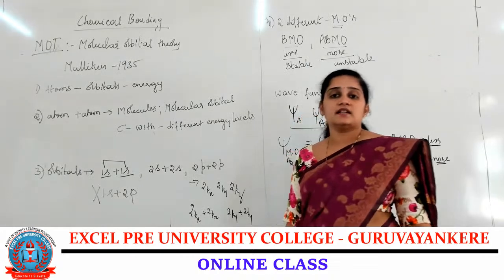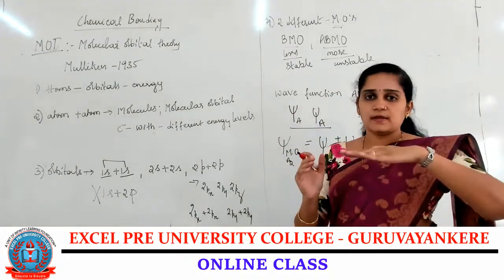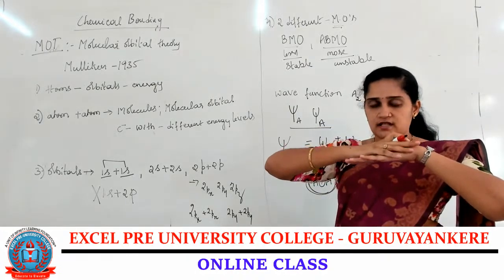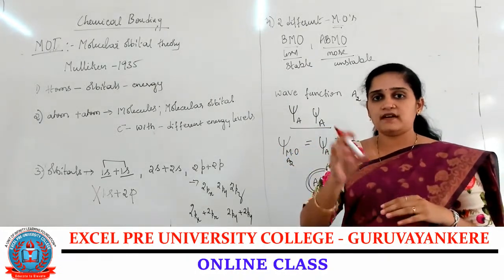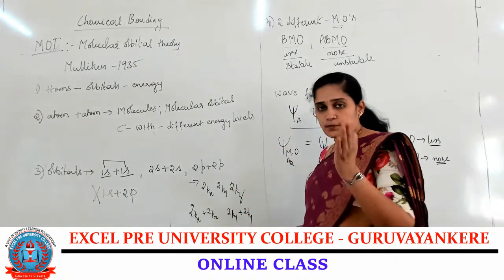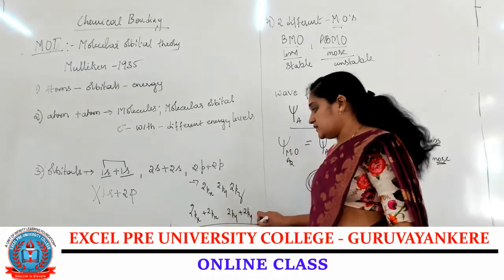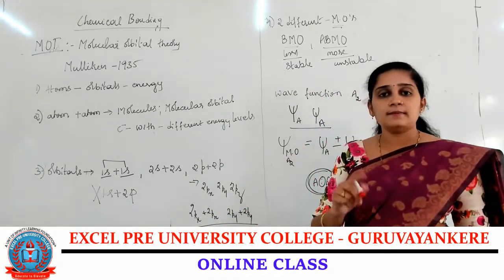We used to write the dumbbell shape along the x-axis, y-axis and z-axis, and each combines with its own axis only. So 2px with 2px, 2py with 2py, 2pz with 2pz combination will take place. 2pz with 2px will not take place. And during the combination, symmetry is formed.